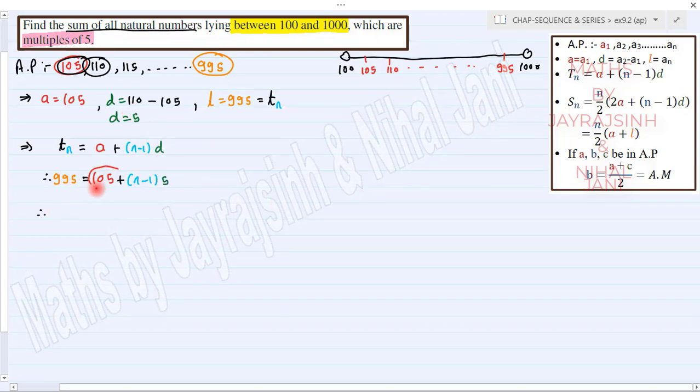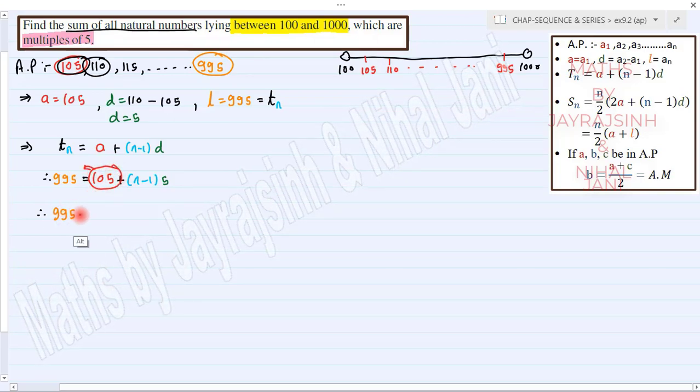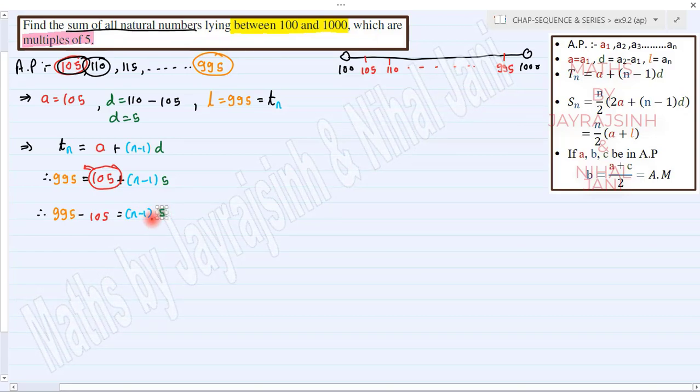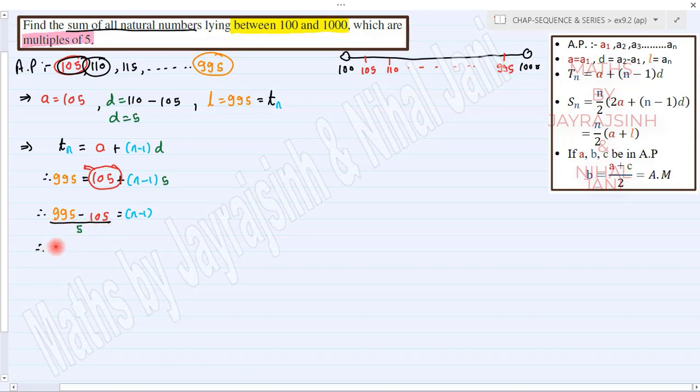So, if we move 105 to the left hand side, we will get 995 minus 105 is equal to (n minus 1) into 5, and to make n the subject, we have to move 5 to the left hand side, it will go in the denominator. So, we will get n minus 1 is equal to 178, or we can say the number of terms is 179.